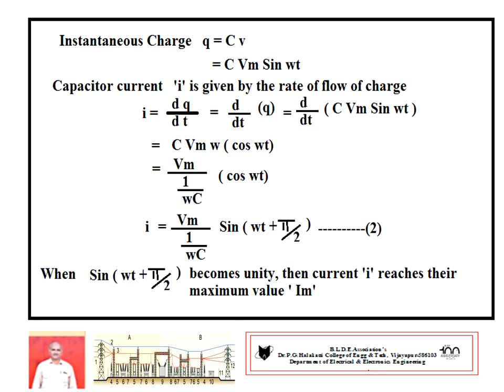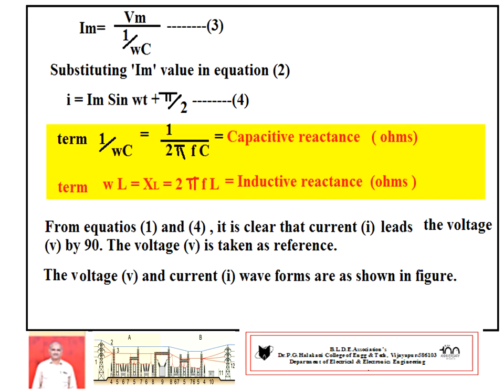When sin omega t plus pi by 2 becomes unity, or 1, the instantaneous current I attains its maximum value, that is Im. So finally the expression becomes Im equal to Vm divided by 1 by omega C. You give the next equation number, that is 3.